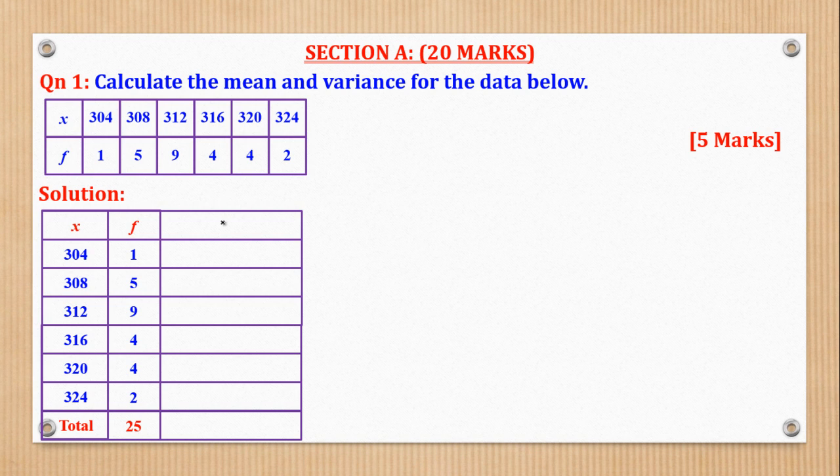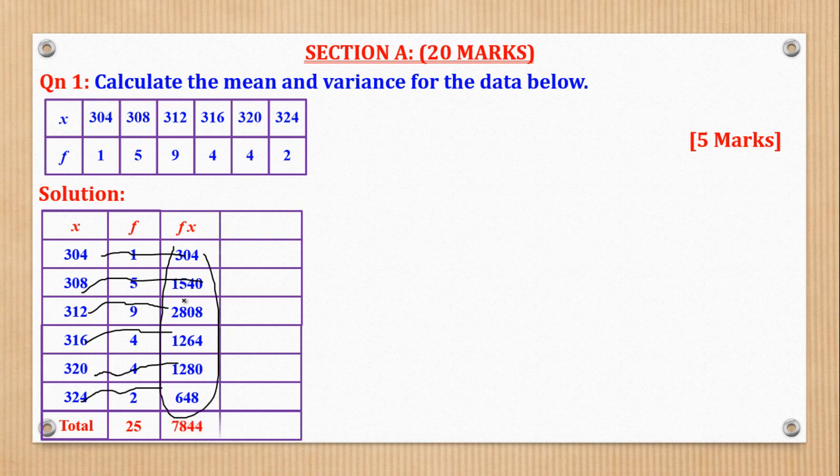They ask for mean, so we need a column of fx. So we shall multiply this with this, this with this, and so on for each row, and after that we add all of them. They also ask for variance, meaning we need a column of fx squared.